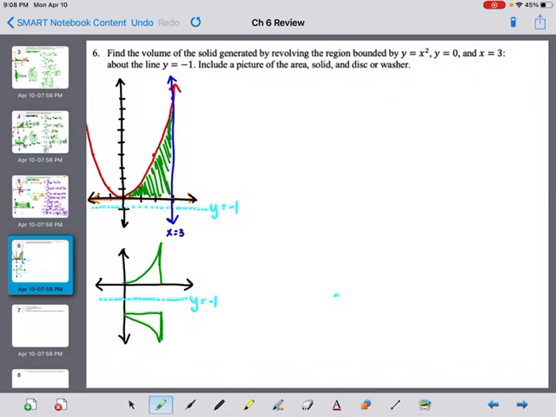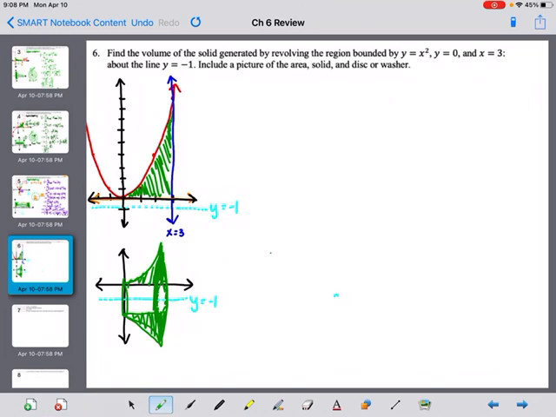And so I end up with a shape that looks something like this. And again, when it gets revolved around, we get this solid shape that's got this hole in the center here. When we slice off a washer, we're going to get something that looks kind of like that.